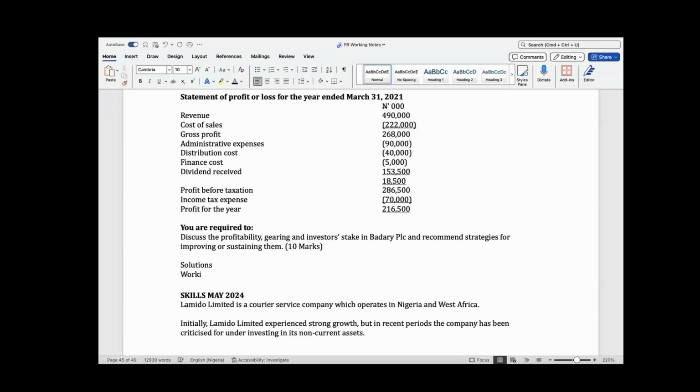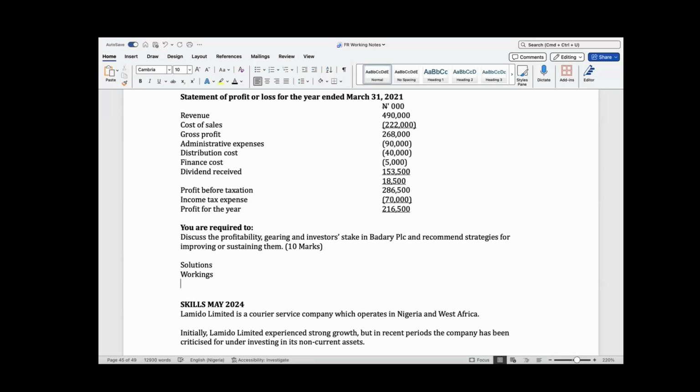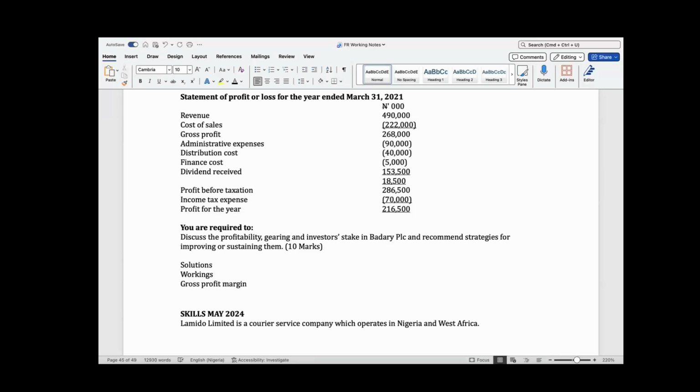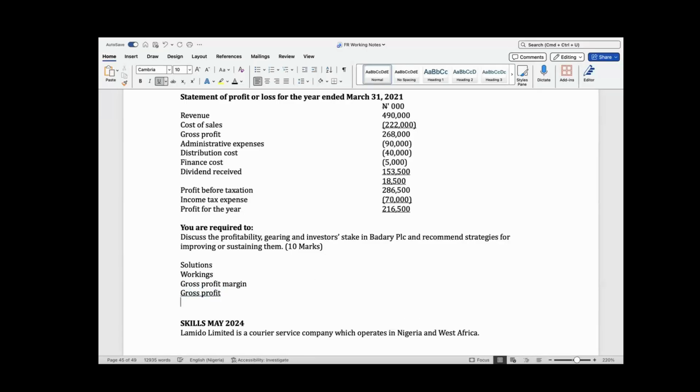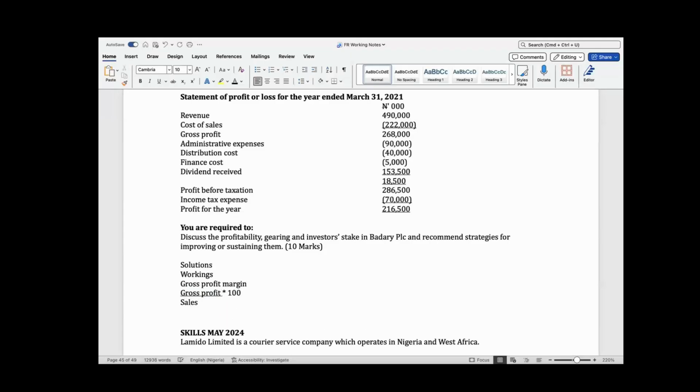My workings: if I do gross profit margin, which we already learned is gross profit over sales times 100. What's my gross profit? 268.